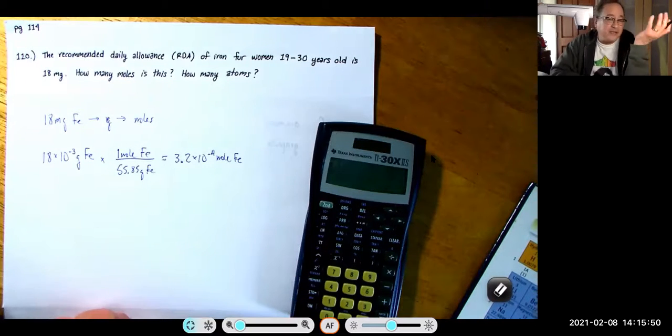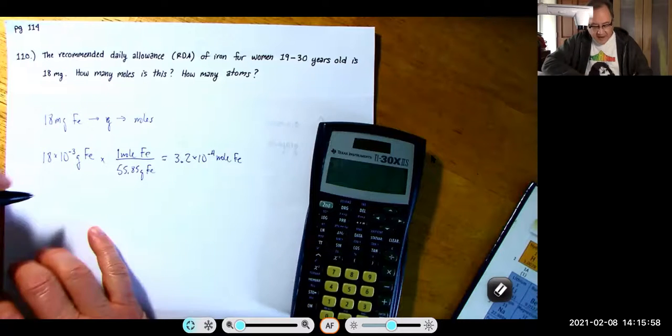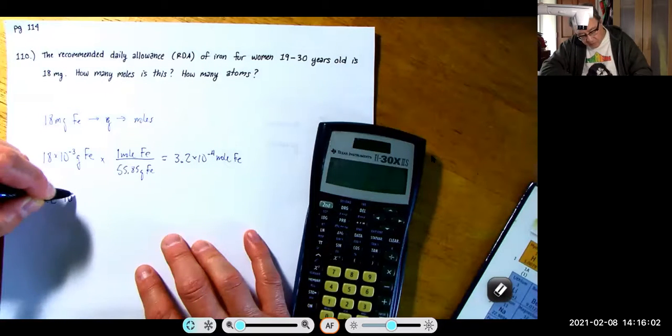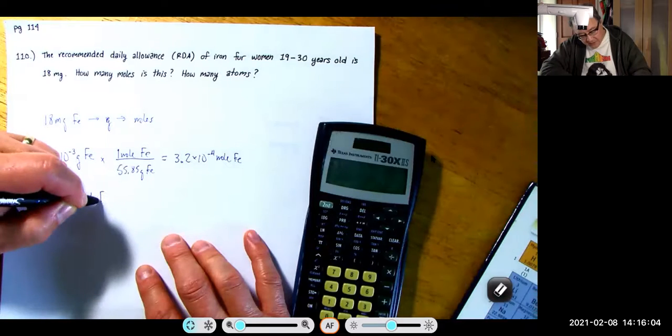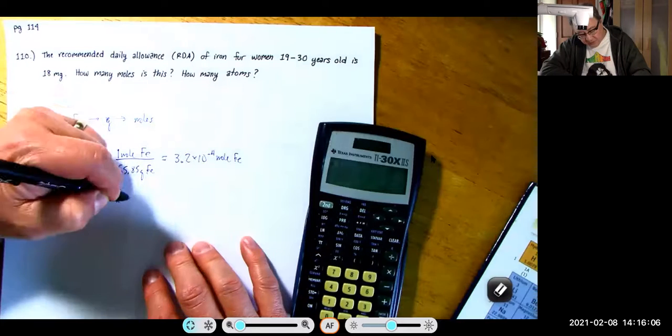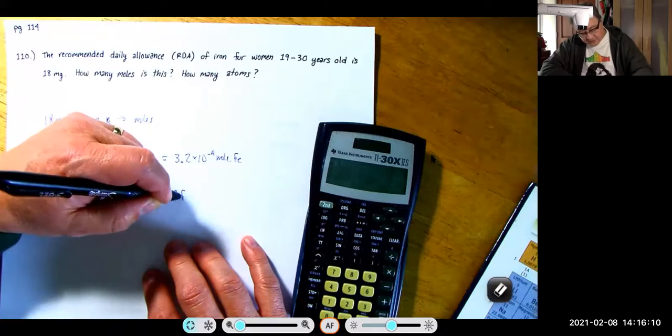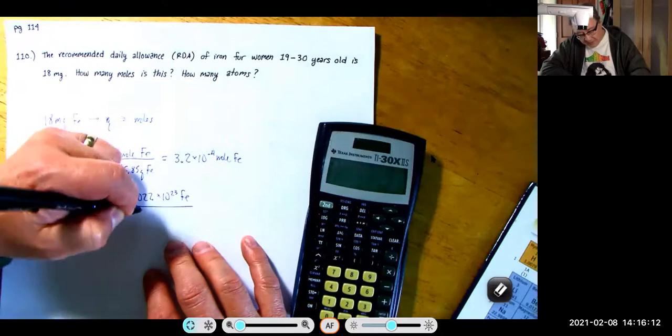Yeah. It's kind of like asking, can you have less than 1 dozen eggs? Yeah. Okay, how many atoms? We would take our 3.2 times 10 to the minus 4 mole of iron and multiply by 6.022 times 10 to the 23rd irons per 1 mole of iron.